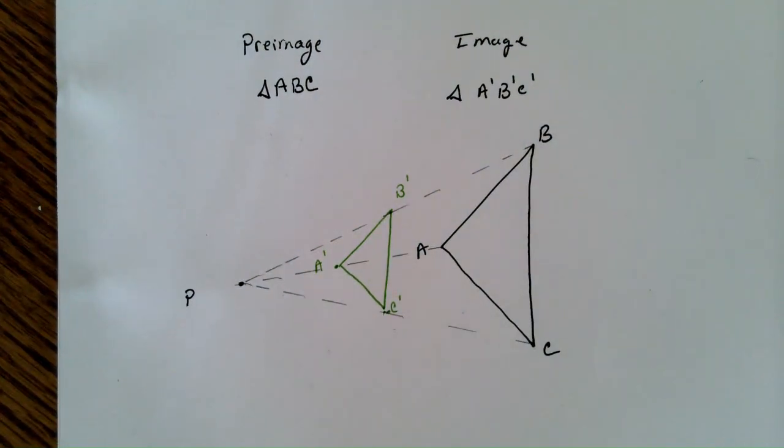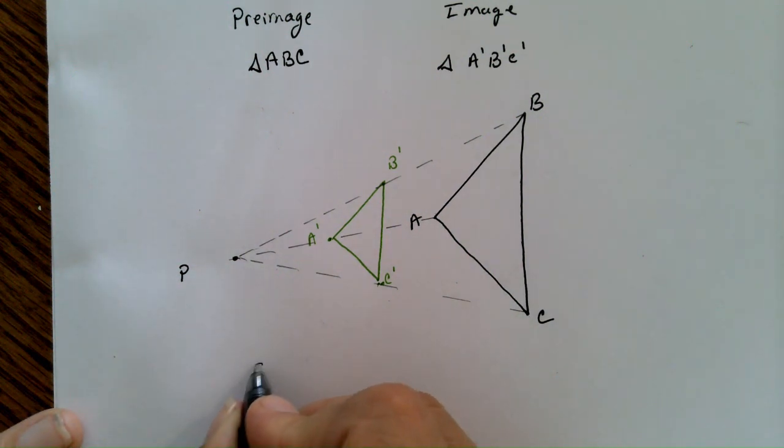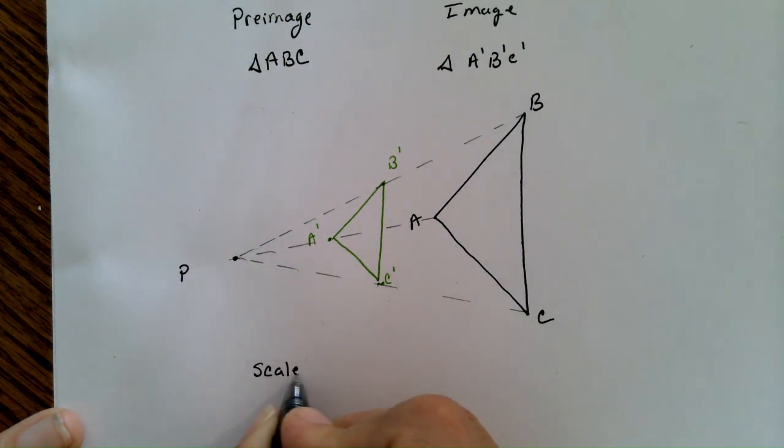So this would be an example of, we can actually see here that the triangle has shrunk. In this case, P is our center of dilation, and we have a scale factor, okay? To find that scale factor, we would compare the respective sides.